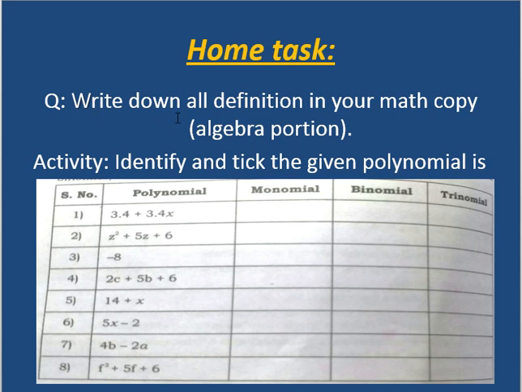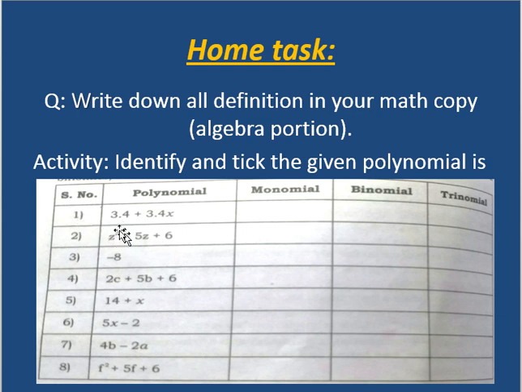Now write down all definitions in your maths copy. In the algebra portion, all the definitions which you have seen in the slides, you have to write in your copy. Activity: identify and tick the given polynomial.